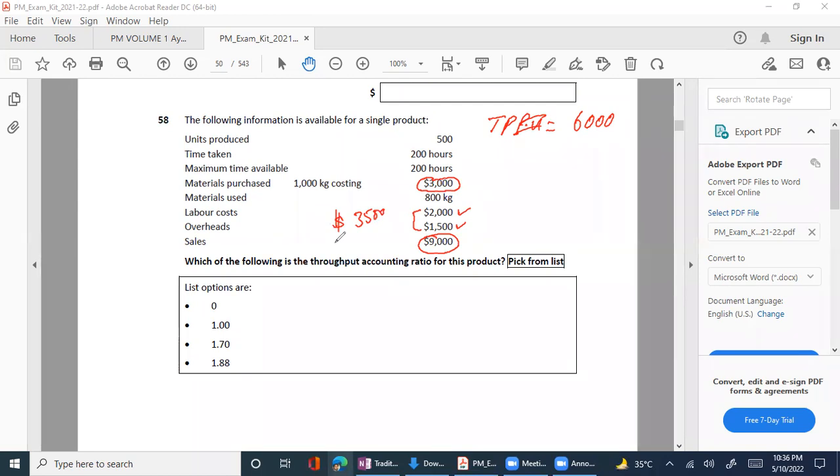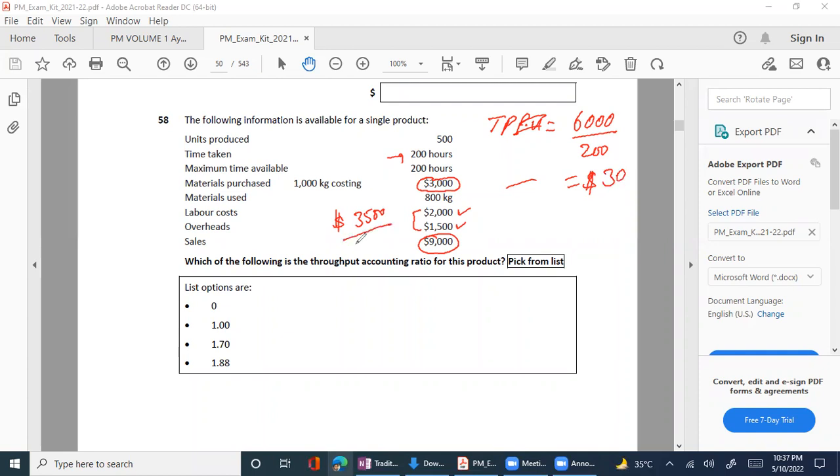Do we have per unit time? We are given the total time. So if we divide it by 200, what will be our throughput per hour? $30.